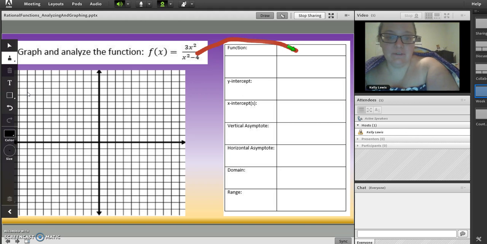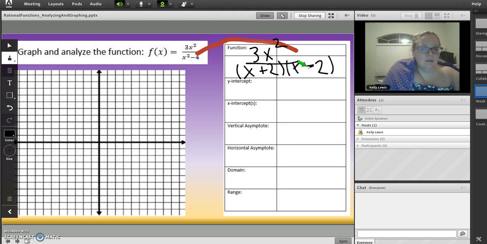So this function I can rewrite as 3x squared over (x plus 2)(x minus 2). Then we need to find these things. So I'm going to go to the next slide, find some of the stuff, and pop it into our graph organizer.